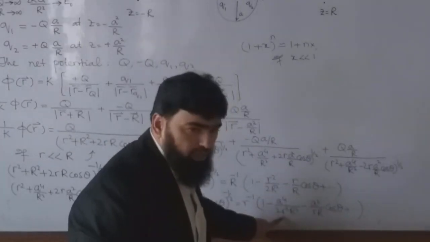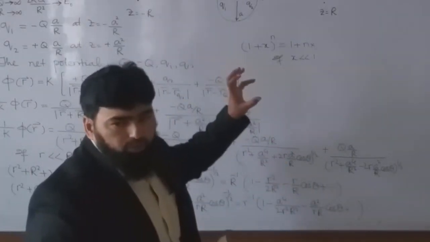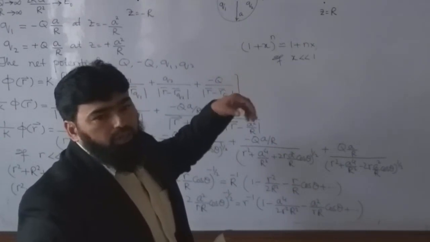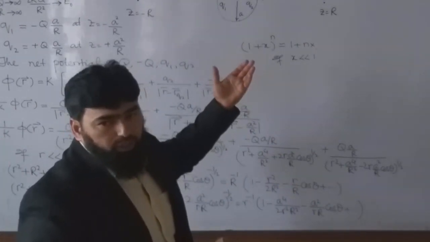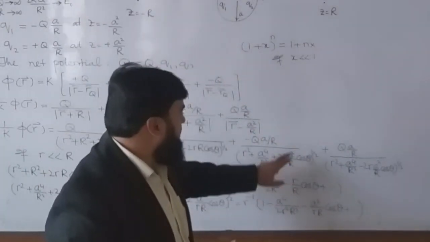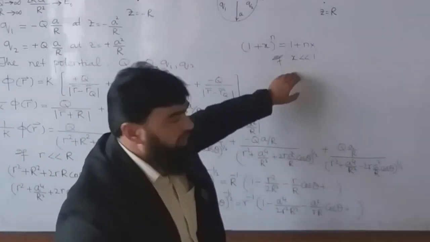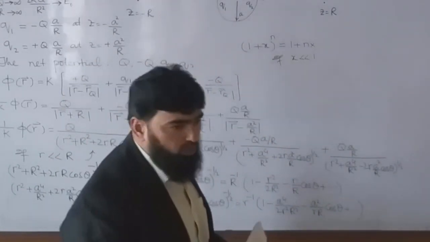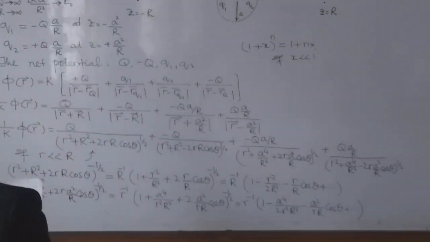A with small r. A is the radius of the sphere. Small r is the observation point. So the observation point is always greater than the radius of the sphere, so we will have to take that into account as well.